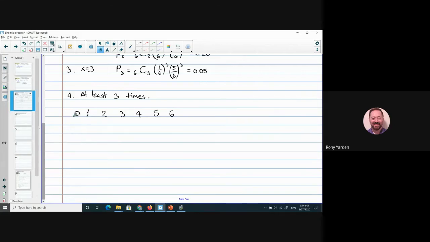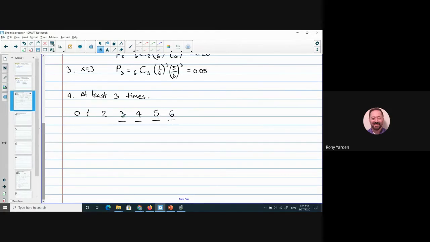We might see something else. So I also add 0. Where is the at least 3 times? At least 3 times means 3 times, 4 times, 5 times, or 6 times.